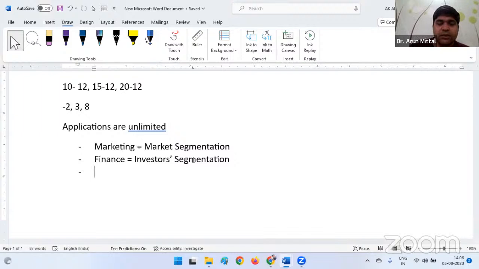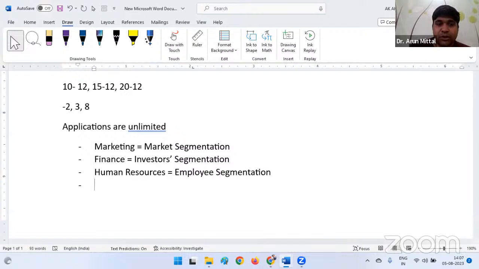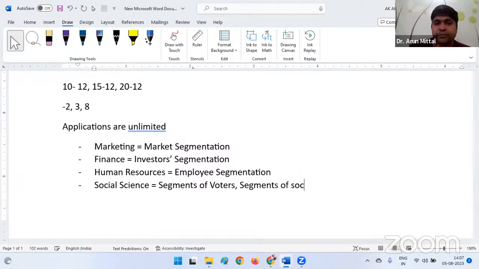Then we have marketing, finance, and human resource. In human resource, we can have segments of employees. In social sciences, say in politics, we have segments of voters, segments of social workers, customers, people, anybody that can be divided.